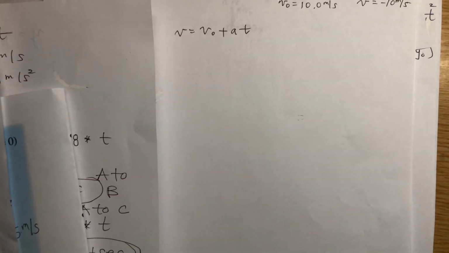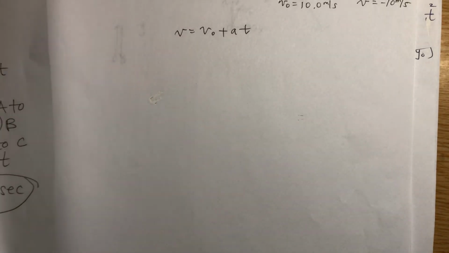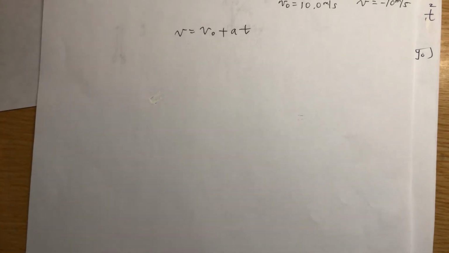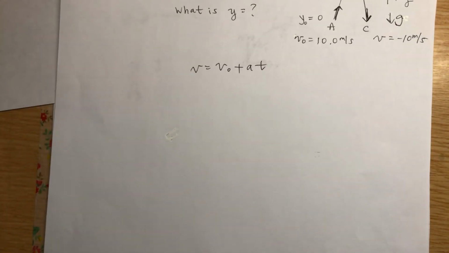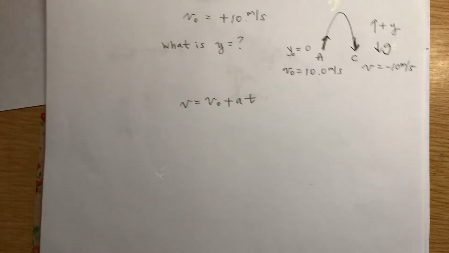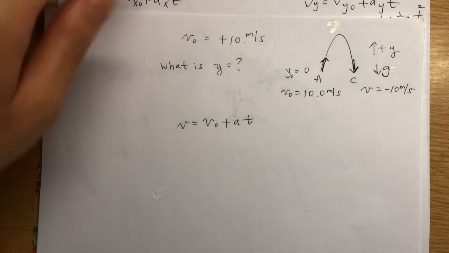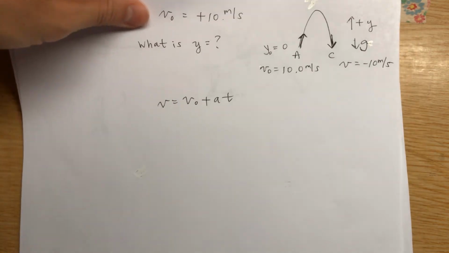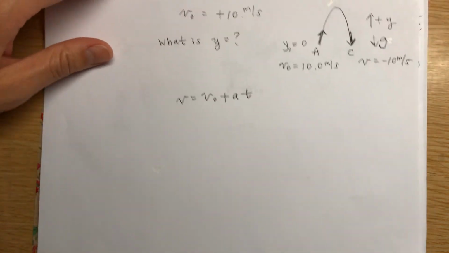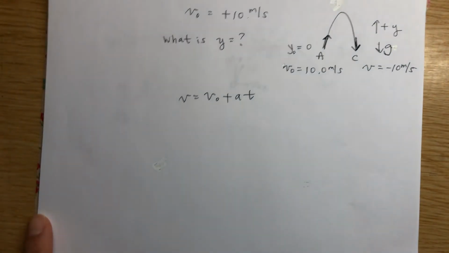So now let's turn to part D. What is the velocity of the ball as it goes down back to the thrower's hand?